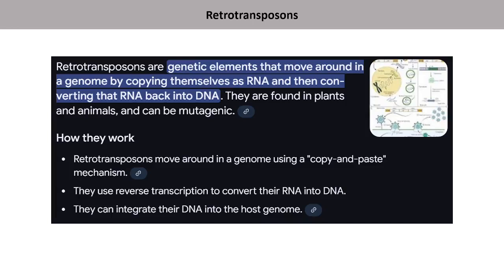So let's first try to understand what retrotransposons are. Retrotransposons are genetic elements that move around in the genome by copying themselves as RNA. We all know that all organisms have some kind of genetic material. It can be either RNA or DNA. Most organisms like humans, animals, plants, have the main coding genetic material as DNA, and DNA is much more stable compared to RNA.